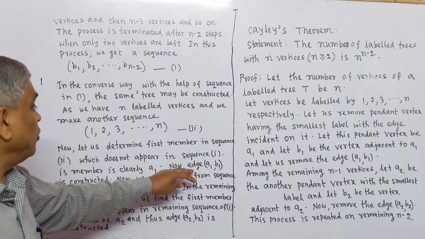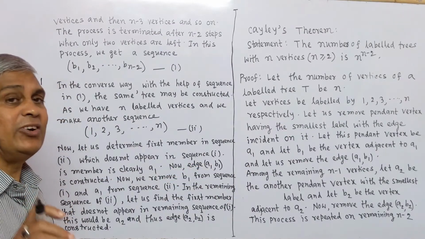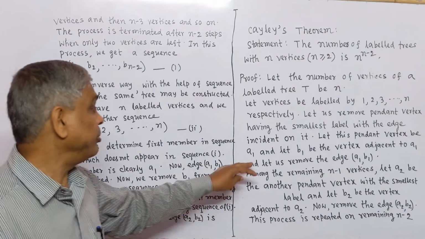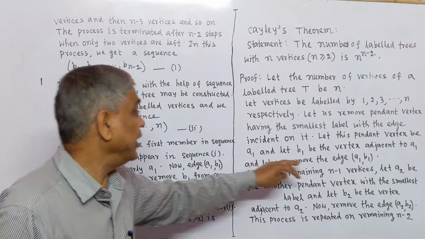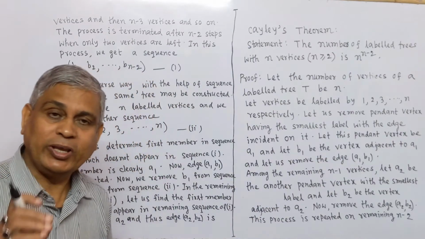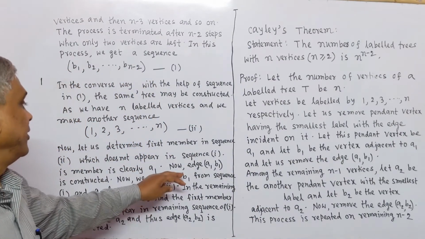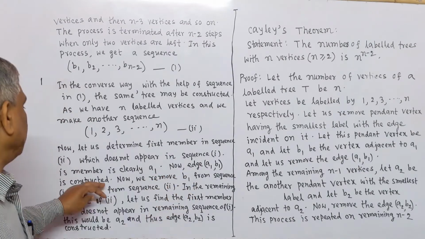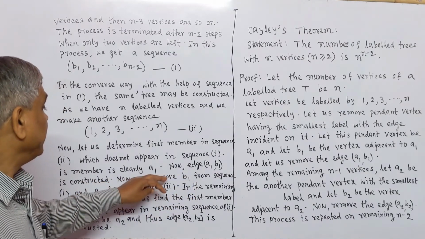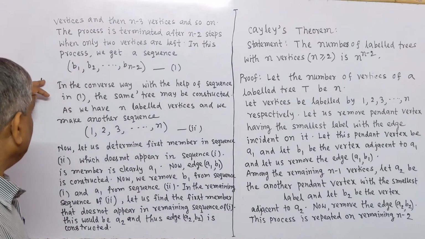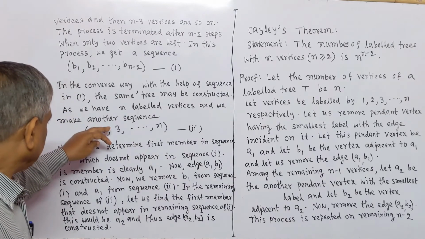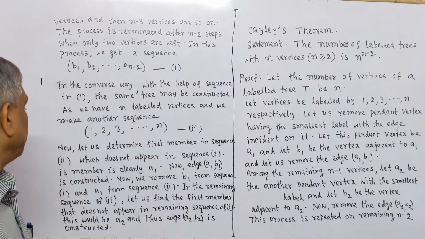Now the edge A1, B1 is constructed. Now we construct the edge A1, B1 in the converse way. Now we remove this B1 along with A1 from this sequence.